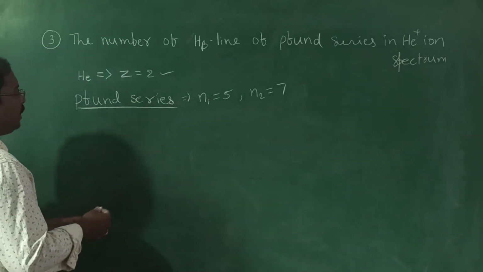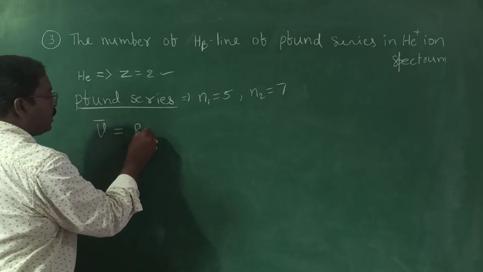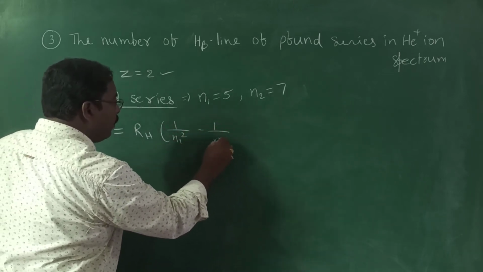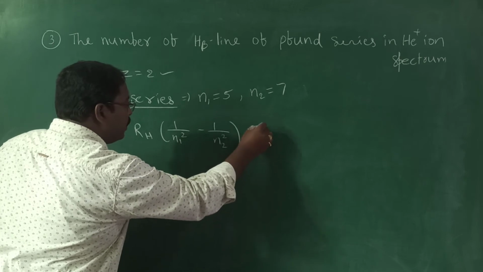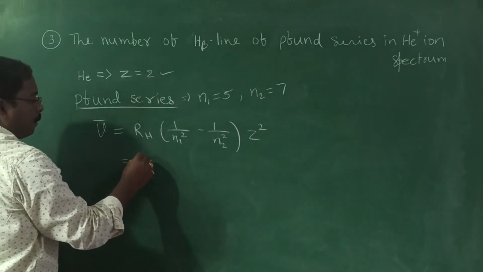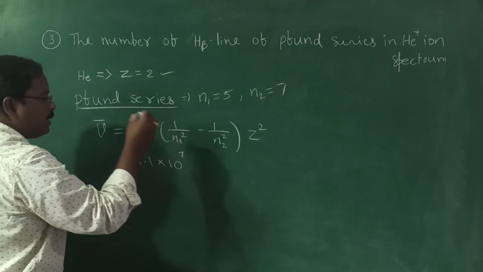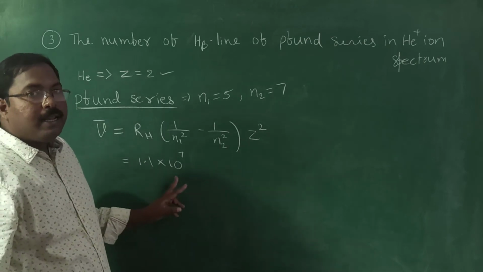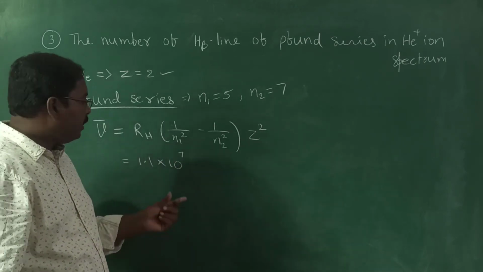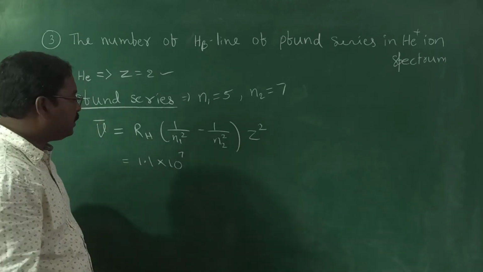Now let us directly substitute in the formula. They are asking nu bar. The nu bar formula is RH into 1 by n1 square minus 1 by n2 square into Z square. Now substitute: 1.1 into 10 to the power 7, which I have written. 10 to the power 5 means the answer is in centimeter inverse; if I write 10 to the power 7, the answer will be in meter inverse.